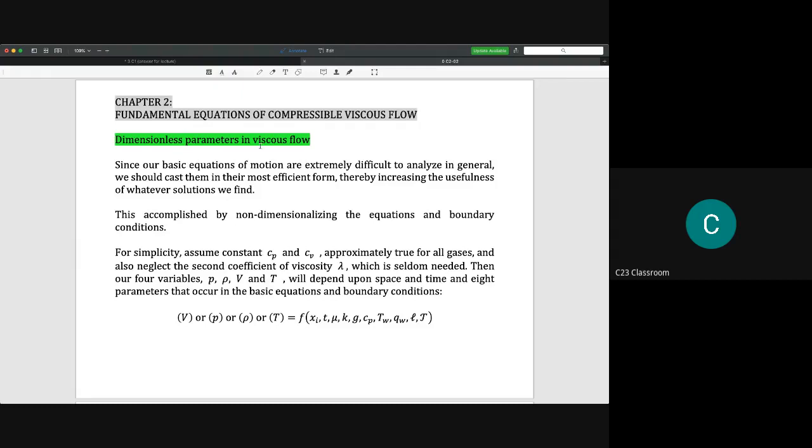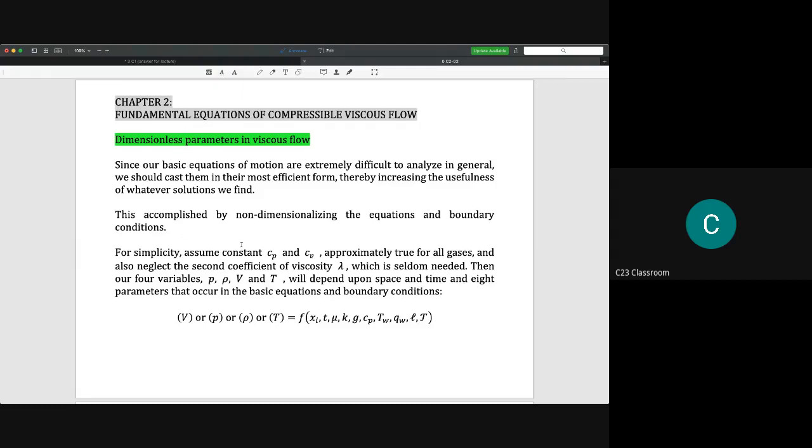Dimensionless parameter in viscous flow. Since our basic equations of motion are extremely difficult to analyze in general, we should cast them in their most efficient form, thereby increasing the usefulness of whatever solution we find. This is accomplished by non-dimensionalizing the equation and boundary conditions.